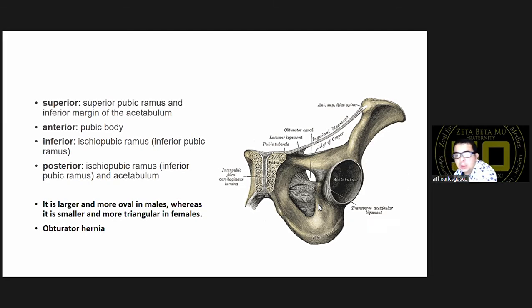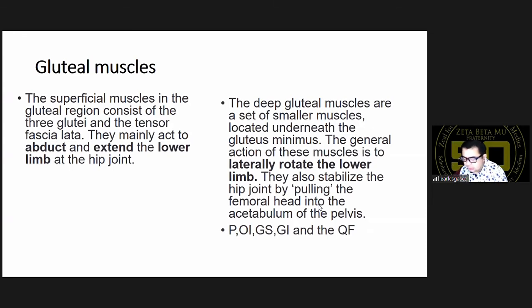Next, we go to the gluteal muscles. We have superficial and deep. The superficial muscles in the gluteal region consist of the three glutei and the tensor fascia lata. They mainly act to abduct and extend the lower limb at the hip joint.